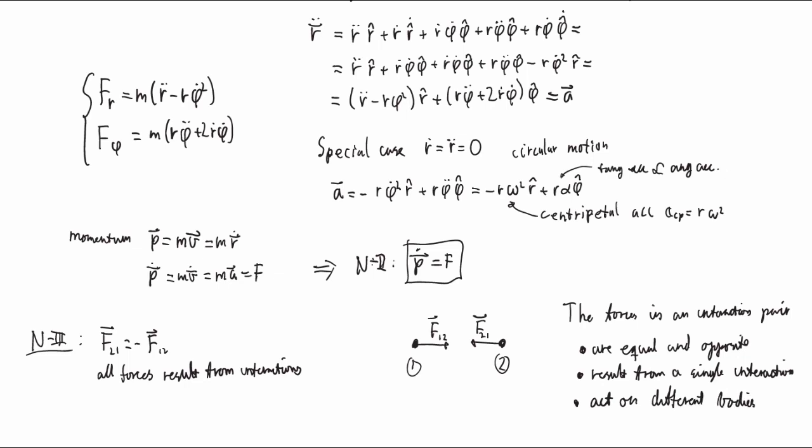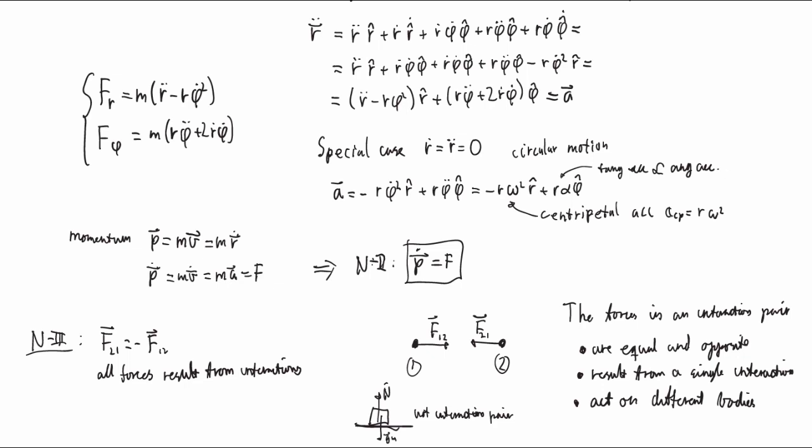Specifically, if you have the case of some object sitting on a table, you have an upwards normal force N, and a downwards force of gravity mg. They are equal and opposite, but they don't result from the same interaction, because the normal force is a contact force, and the force of gravity is a completely different force due to long-range interactions. And second, they act on the same body, so this is not an interaction pair.